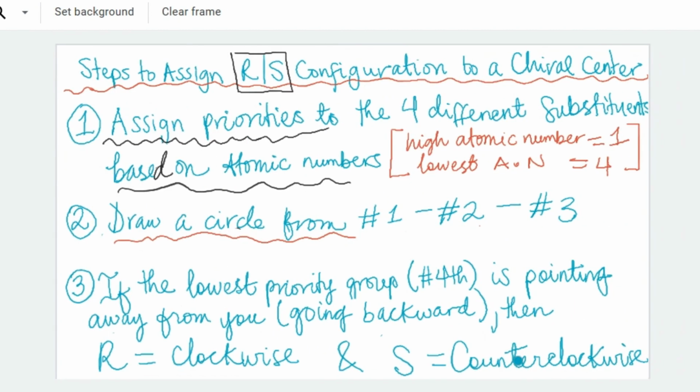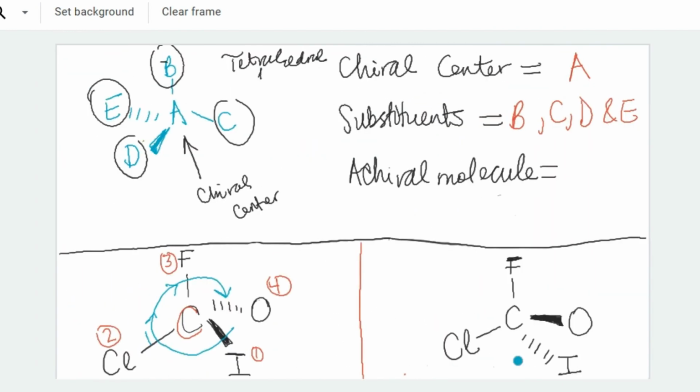And then the third thing will now be whether the lowest priority group, meaning the fourth, is pointing away from you. Now, one thing you guys need to know is that you see this wedged line, the well shaded one. Anytime you see this in organic chemistry and you see an atom, this is telling you that the atom is coming towards you.